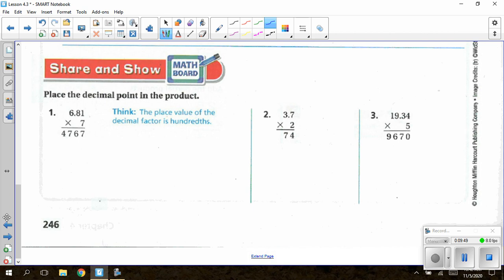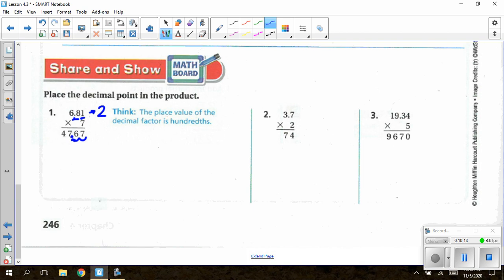For my 6 and 81 hundredths, I see 1, 2. So I have 2 decimal place values, which means my answer has to have 2 decimal place values. Starting from the end, swoop 1, 2, place the decimal, and I would have an answer of 47 and 67/100ths.